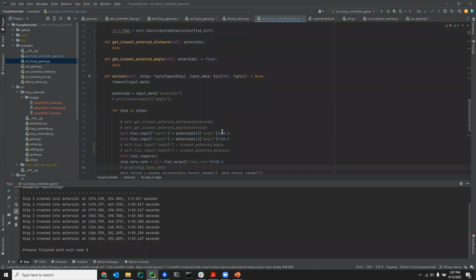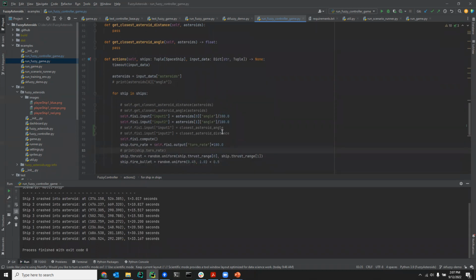You can build a FIS in your fuzzy controller class and use it to dictate the control actions of your ships. You could create one by hand that might be pretty effective at assessing the threat level of particular asteroids. Maybe you run through the list of asteroids and determine which is the highest threat, so your FIS output, instead of the turn rate, is something like threat level.